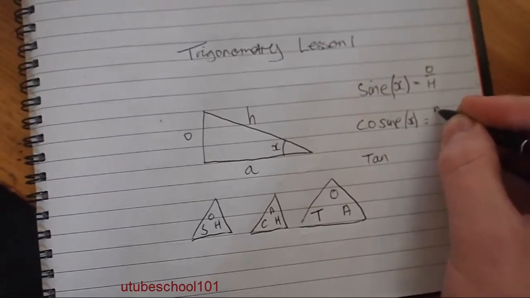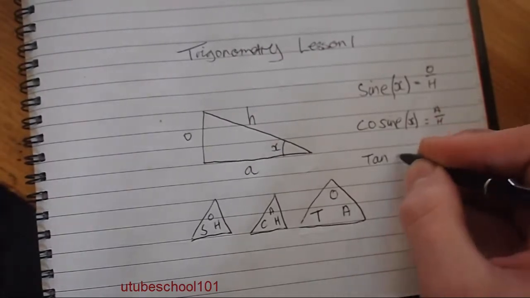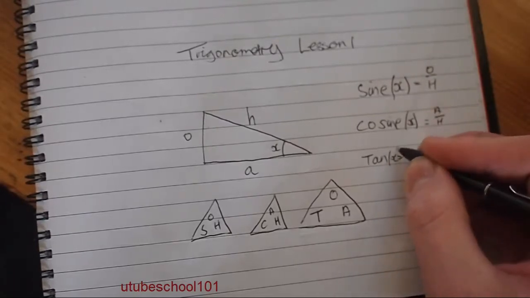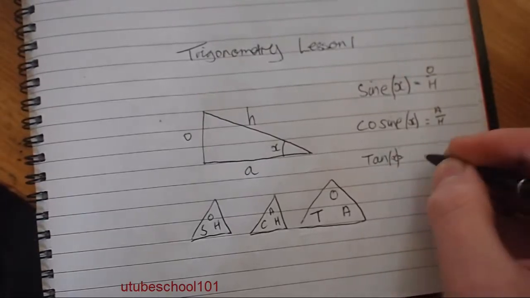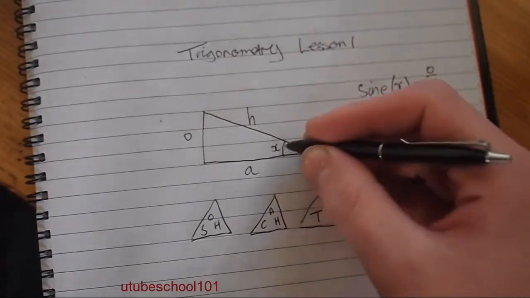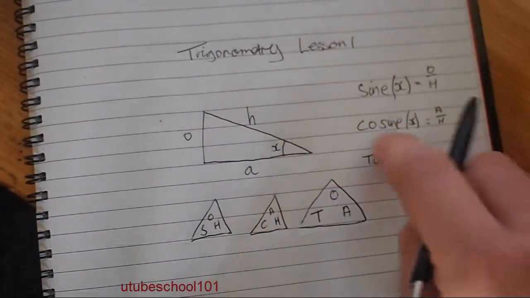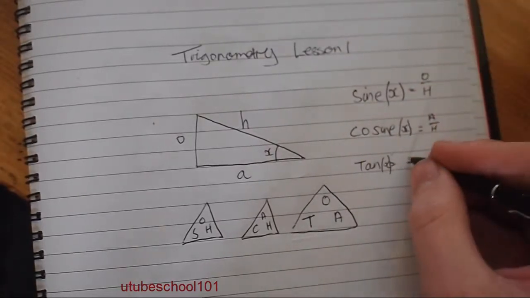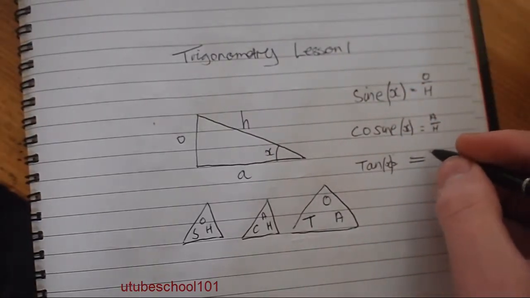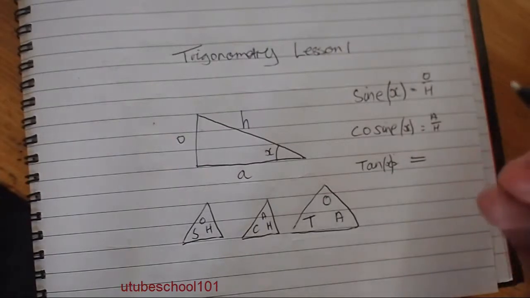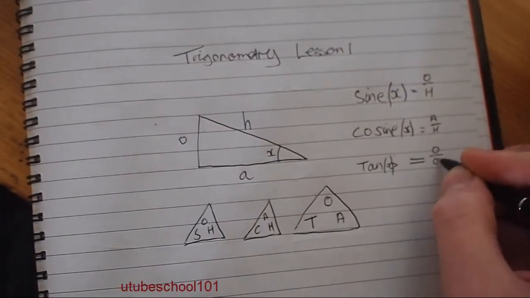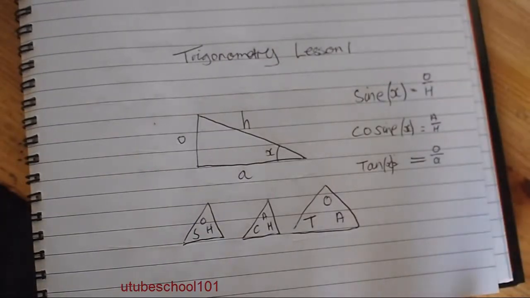Using this formula, you'll be able to work out the lengths of the sides if you have any two of these. In this lesson I'm going to focus on just finding lengths, because it's the simplest thing to do and gives you a good understanding of the basics of trigonometry.